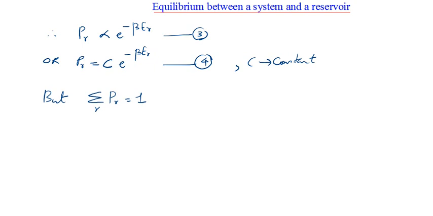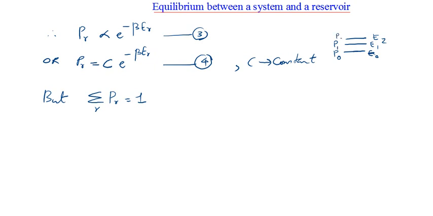If a system is having only 3 levels, I told you the example of a 3-level laser system, having energies E0, E1 and E2, the probability that the system is found in a state with energy E0 is P0, with energy E1 is P1, and with the energy E2 is P2.